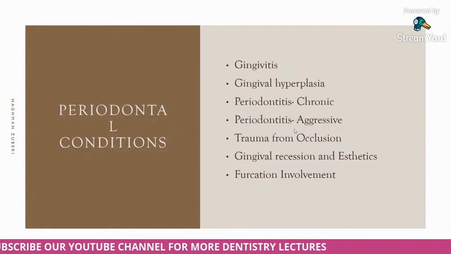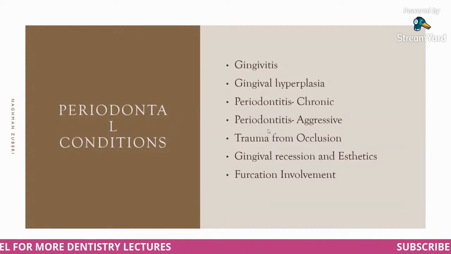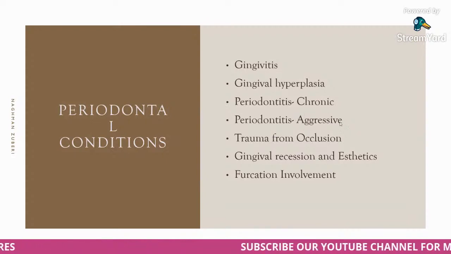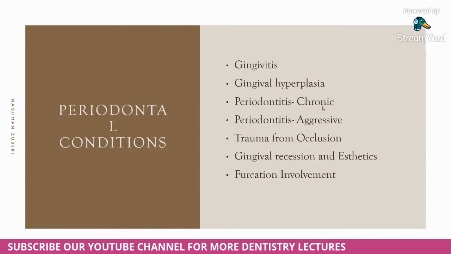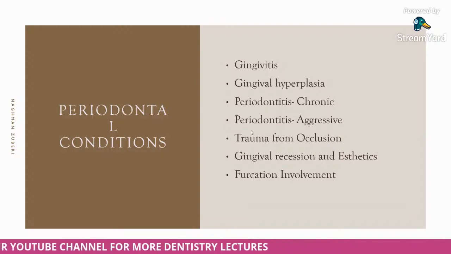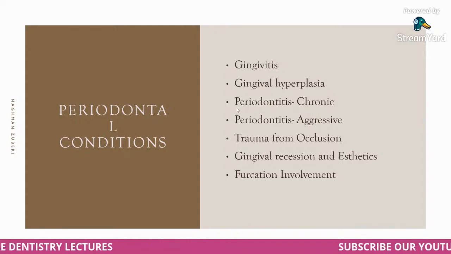Whereas in aggressive periodontitis, the age would be very young and destruction would be very, very severe. The plaque will be minimal, but the destruction will be very, very severe. And we must know which bacteria cause which type of periodontitis, like the Prevotella and P.